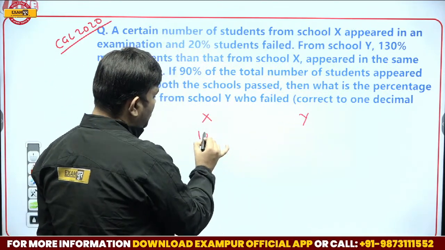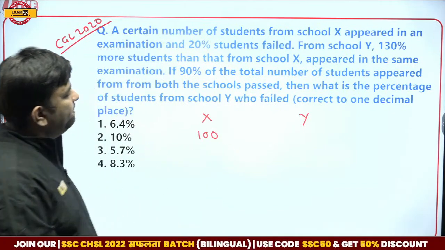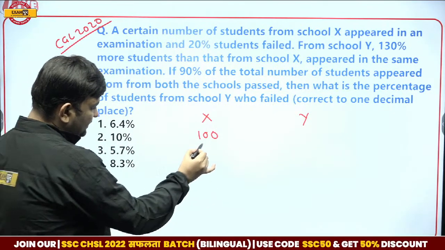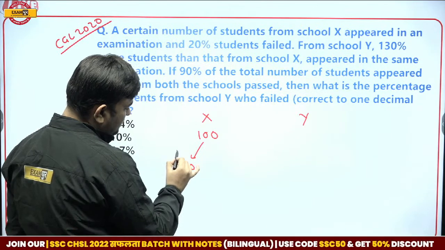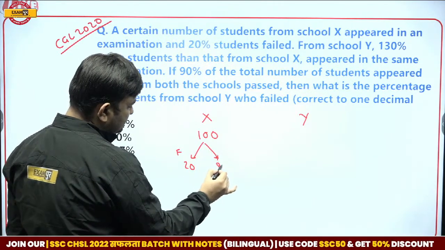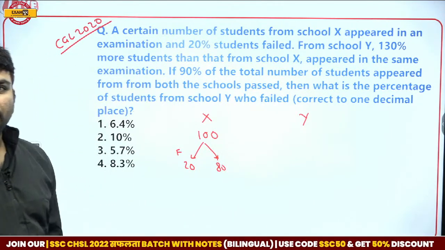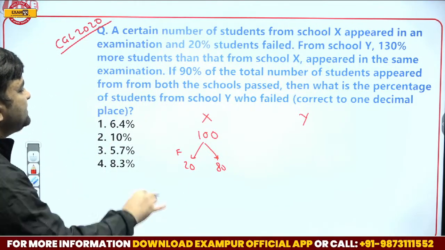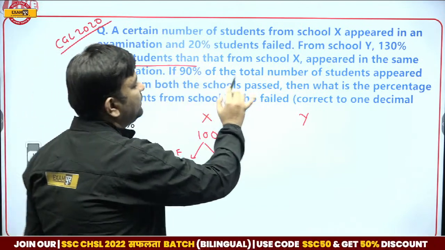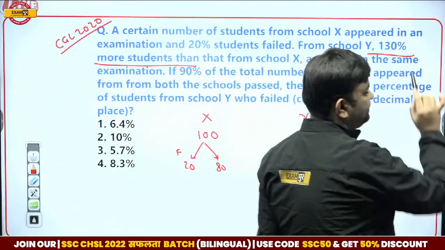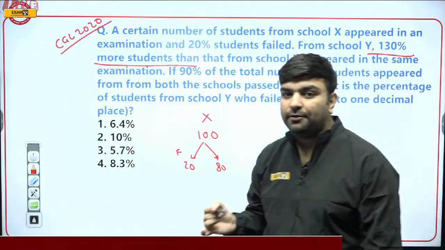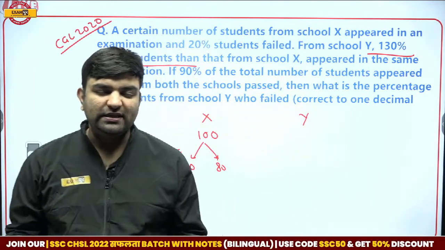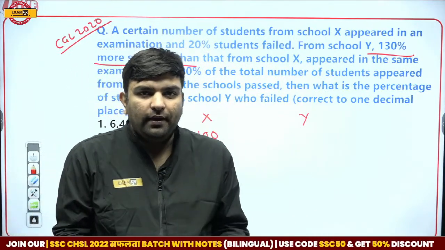Let the students who appeared from X be 100. 20% failed, so 80 passed. From school Y, 130% more students appear. So what is 130% more of 100?